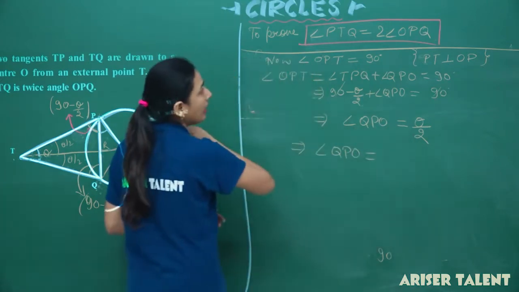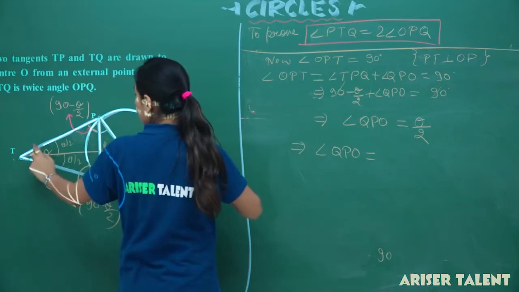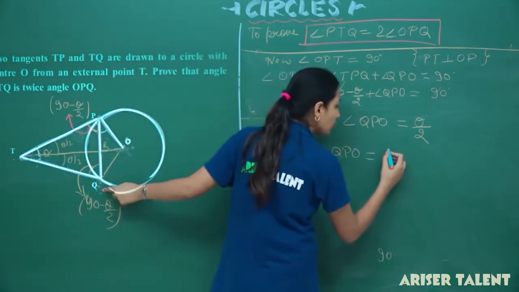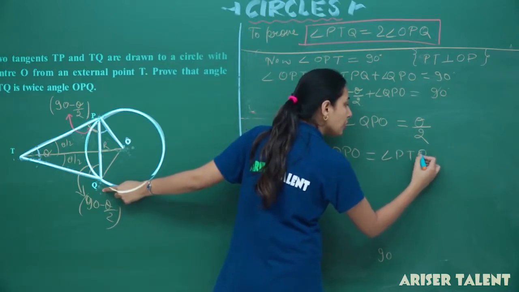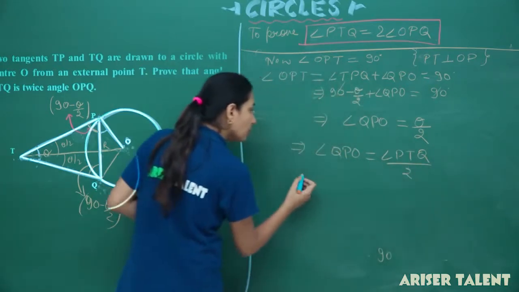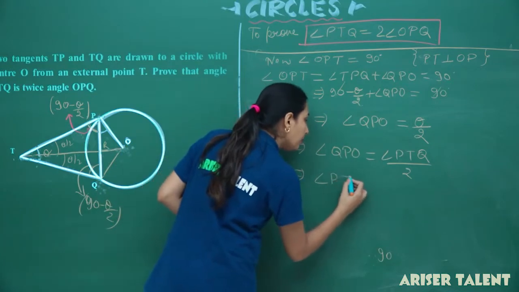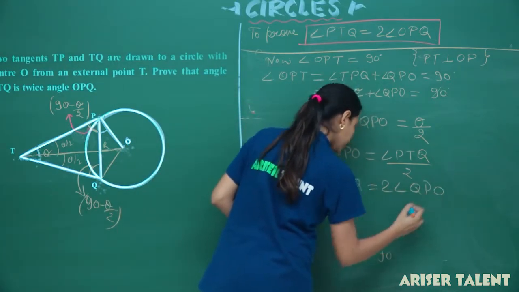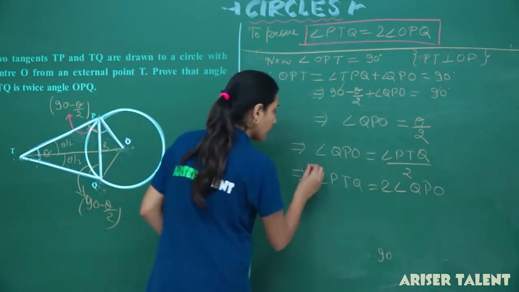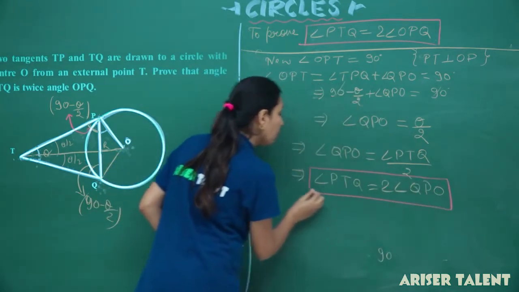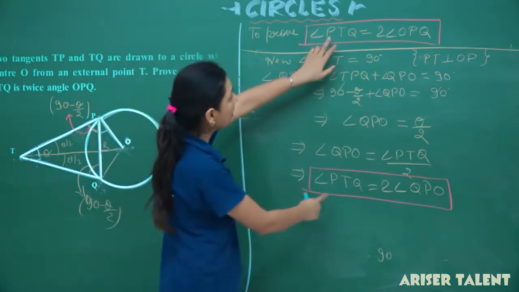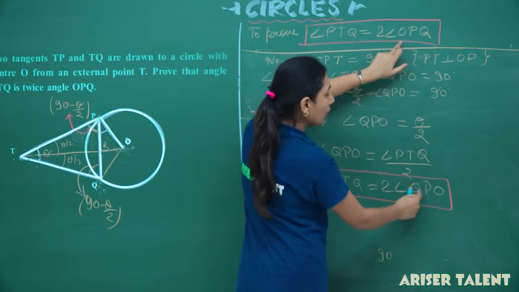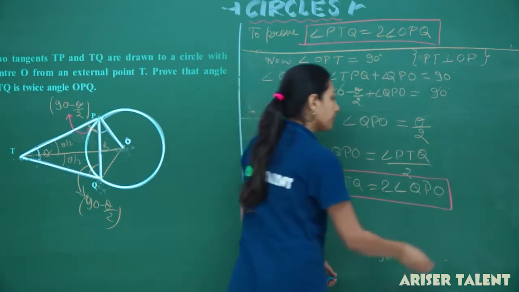We have assumed this as angle theta, that is PTQ. So angle PTQ by 2. So what will it give you? Angle PTQ equals 2 angle QPO. So what we had to prove: that angle PTQ equals 2 angle QPO or OPQ, hence proved.